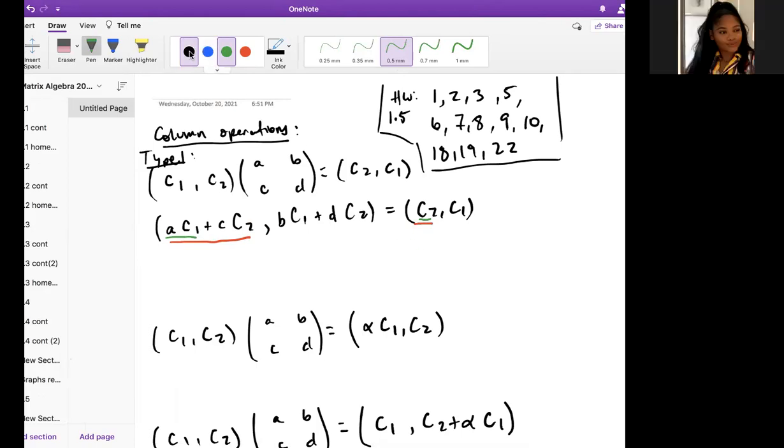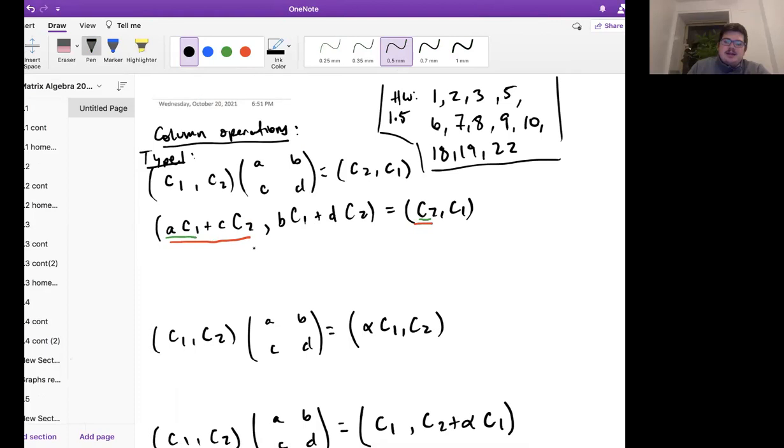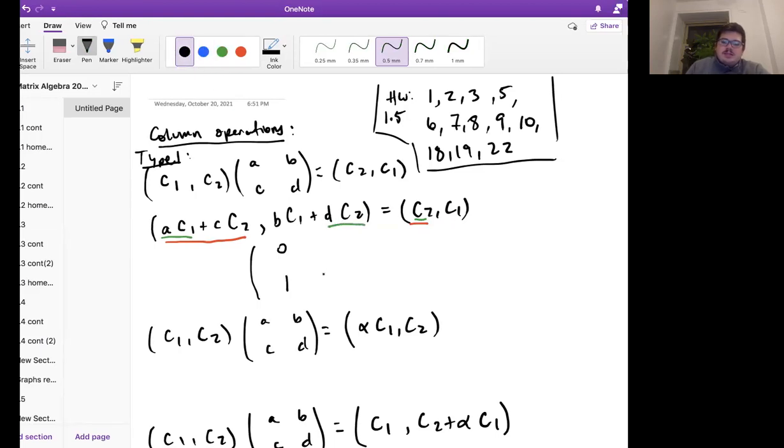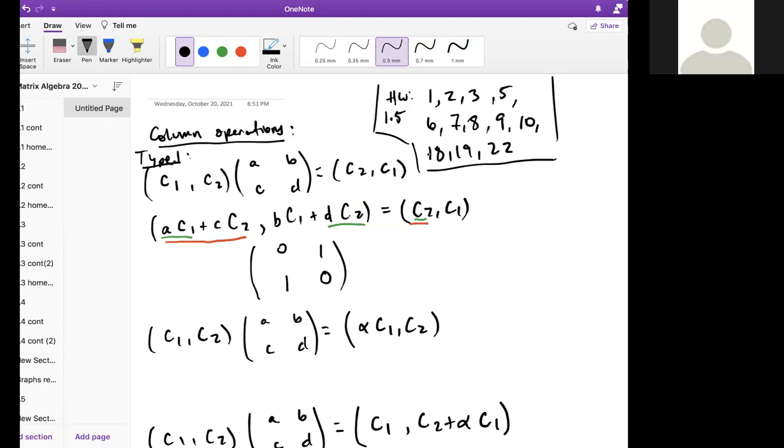So this implies that A would need to equal 0, C would need to equal 1, and then the second position says that B C1 plus D C2 equals C1. So you want to get rid of the C2, so D is equal to 0, and then you want to leave 1 C1 there. So that's exactly our elementary matrix for row swap.